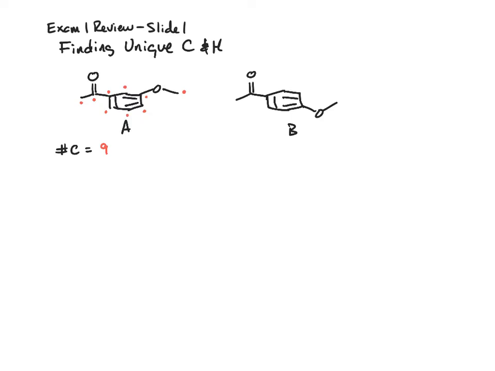So that's 9. How many unique types of hydrogens are there? I've worked with some students in office hours and whatnot, and a question arises: does the unique number of carbons always equal the unique number of hydrogens?